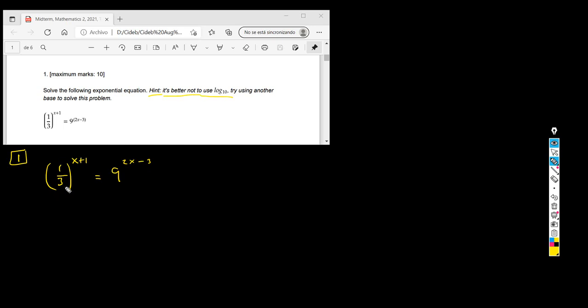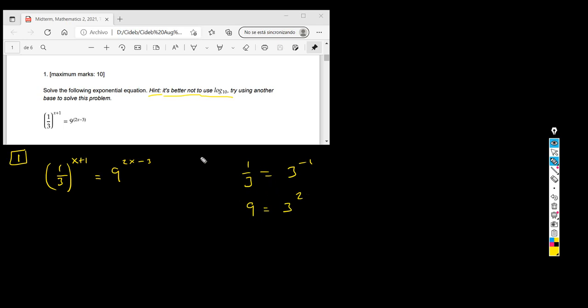Why? Because you can see that these two numbers, 1/3 and 9, are powers of 3. 1/3 is 3 to the minus 1, so 1/3 is a power of 3, and 9 is also a power of 3.